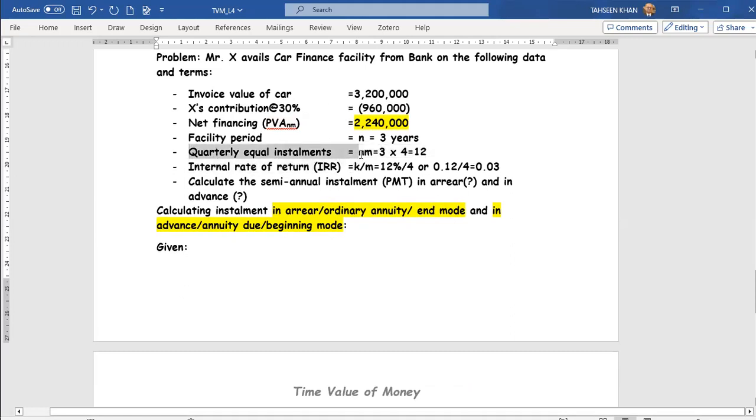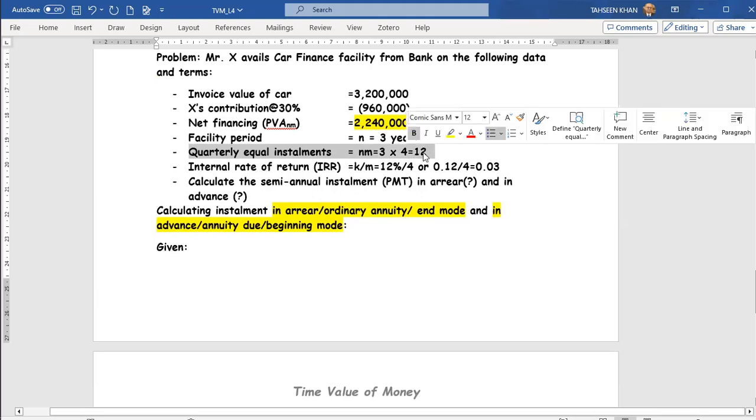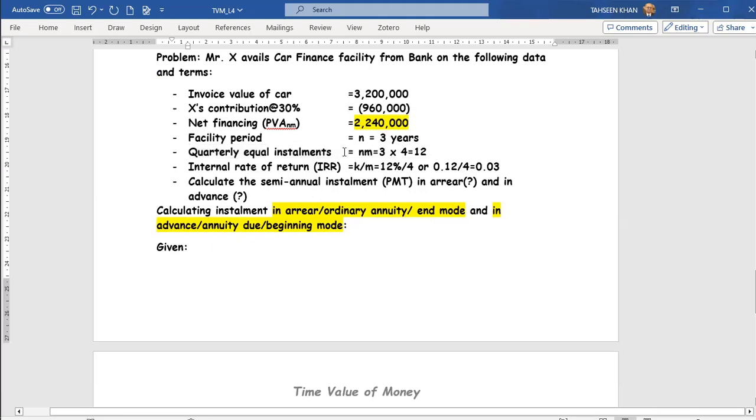In case of quarterly, N is equal to 3 multiplied by 4. And the internal rate of return will be equal to K over M. Here it's quarterly, so it will be divided by 4 and the value comes to 0.03.